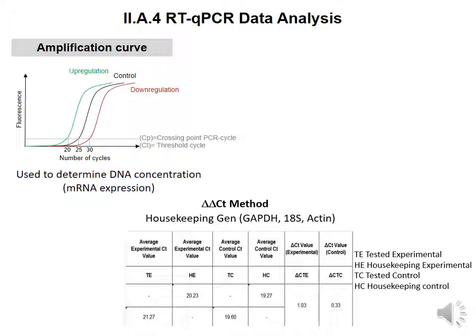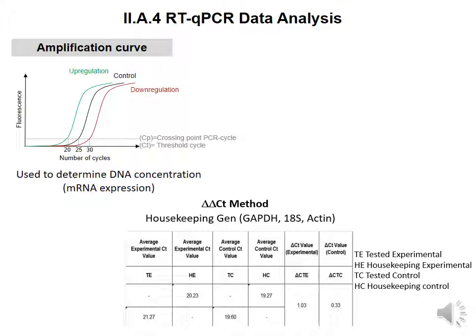So what you do is you take the average of the CT values for the housekeeping gene and the gene being tested in the experimental and control conditions, and this will give you 4 different values. The 4 values are the gene being tested in the experimental condition, or TE, the housekeeping gene in the experimental condition, HE, the gene being tested in the control condition, TC, and the housekeeping gene in the control condition, HC.